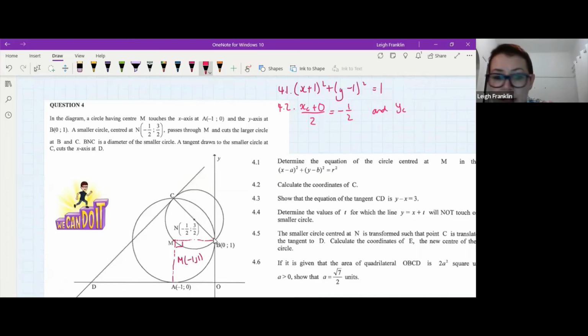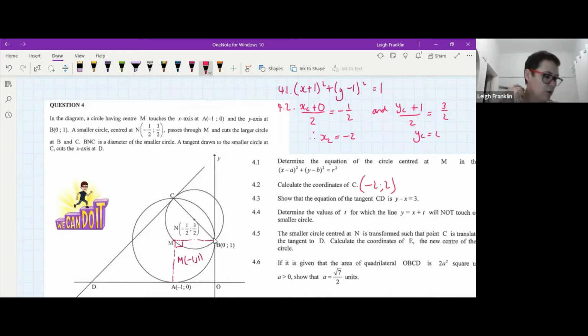And the y at C plus 1, over 2, is equal to 3/2. Is everybody okay with that? So that means that the x at C has to be -2 and the y at C has to be 2. So I say -2 and 2. I hope I'm correct.